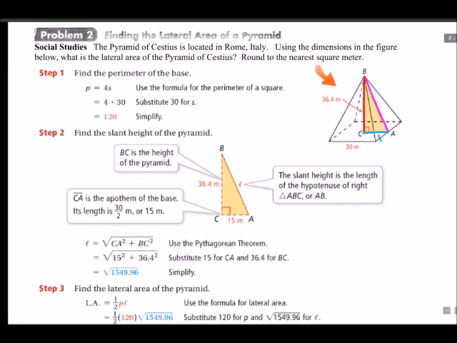So this piece right here is 1/2 of our side length. This piece right here is the height of our pyramid, and that lets us find our slant height.